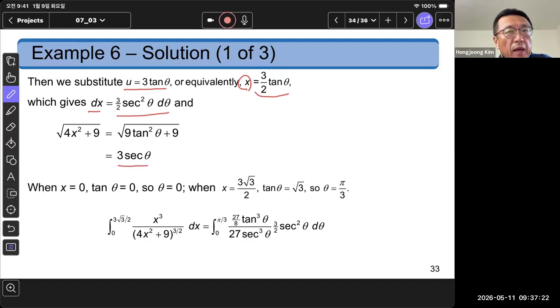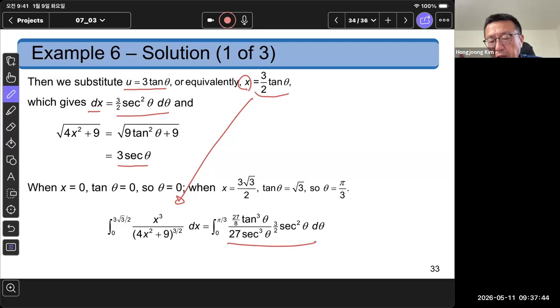Okay. Then by plugging in these expressions into this integration, if you replace everything in terms of theta, we can calculate this one, right? I mean, this is what I have.